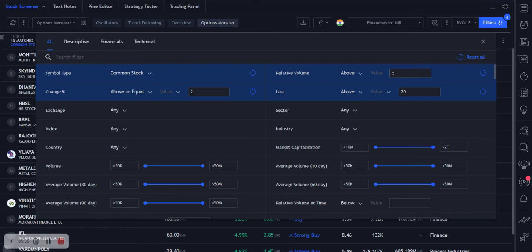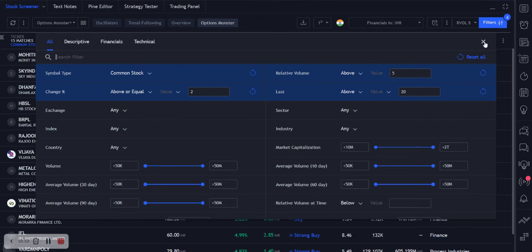So that's it, guys. Once you set these up, you'll have to play around with the relative volume, but I found that a multiplier of 5 or 10 works really well to shortlist the breakout candidates.